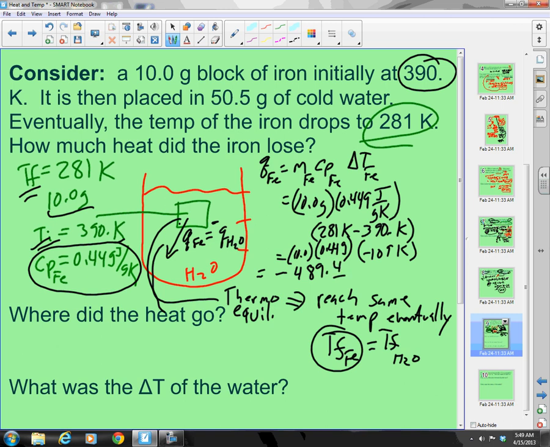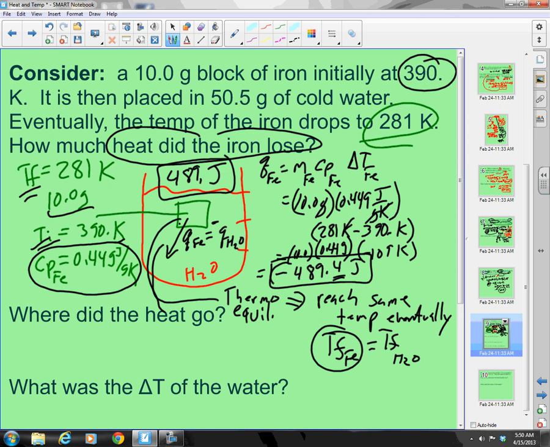And this is what? Grams cancel, Kelvin cancels, and I'm left with joules. All right, so my answer to the first one, how much heat did the iron lose? The answer is 489, and there are only 3 sig figs here, sorry. 489 is how much it lost.